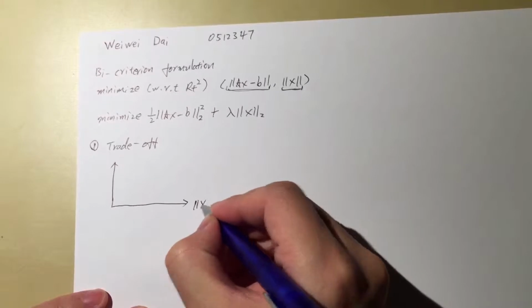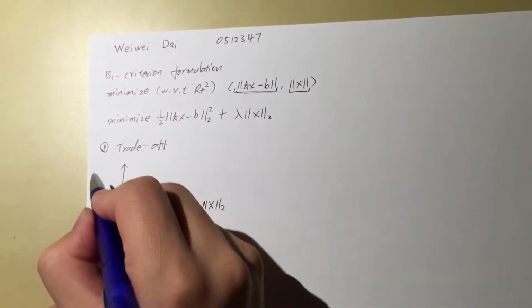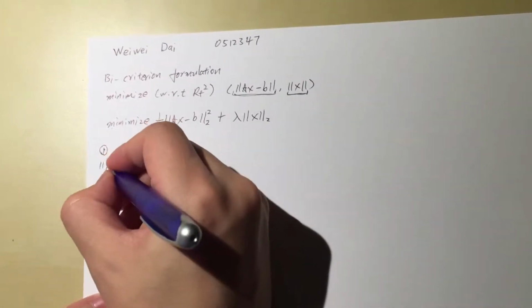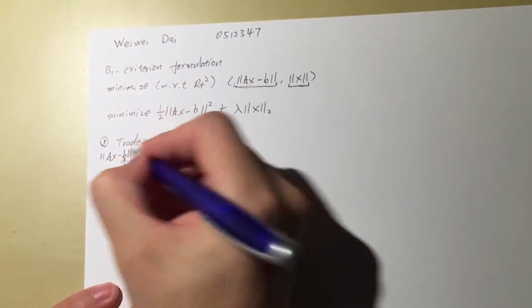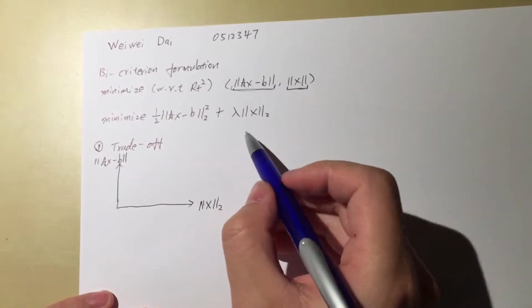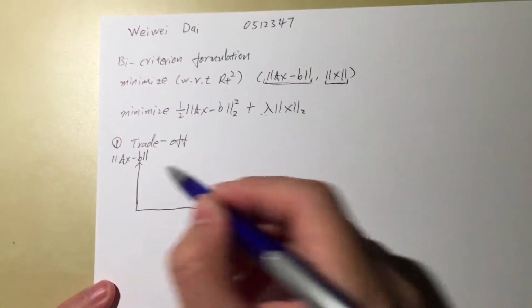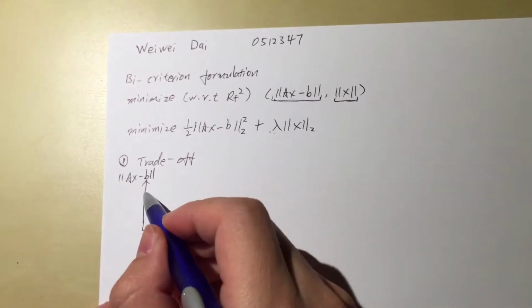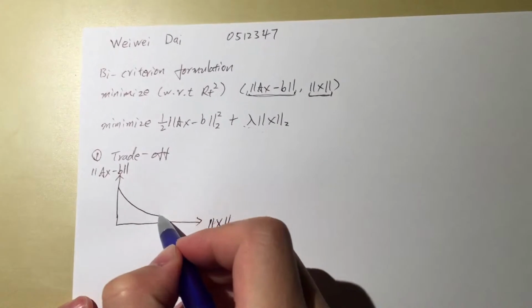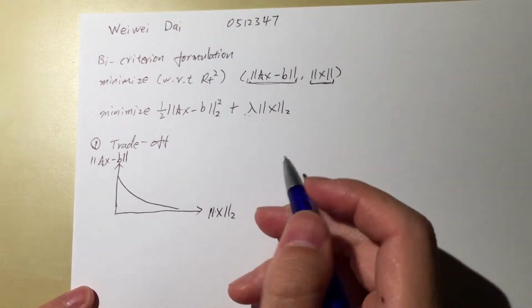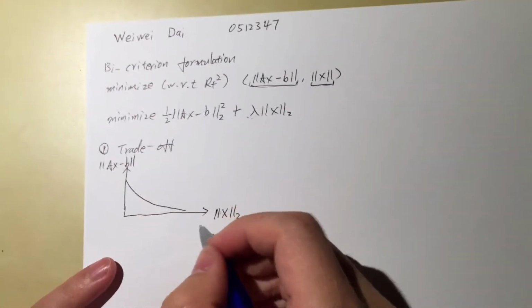Assume one is the data itself, another one is Ax minus b. If we use different lambda, the trade-off curve will look like this shape, but this is just an example.